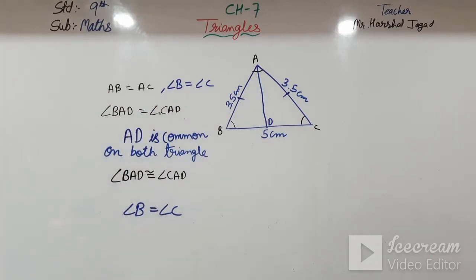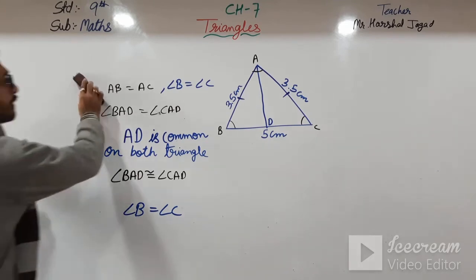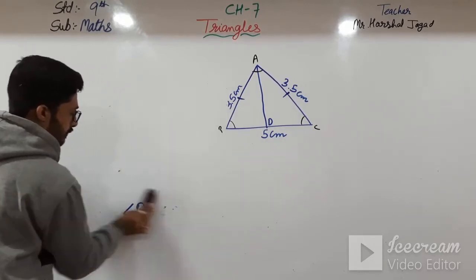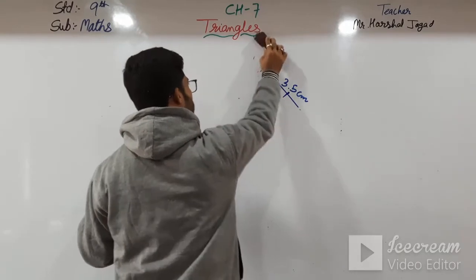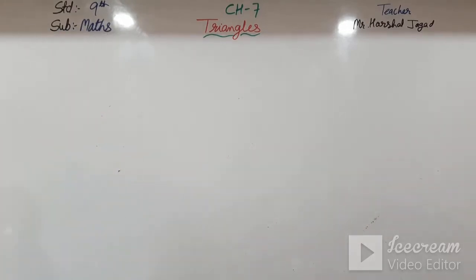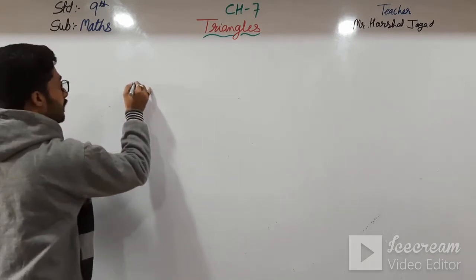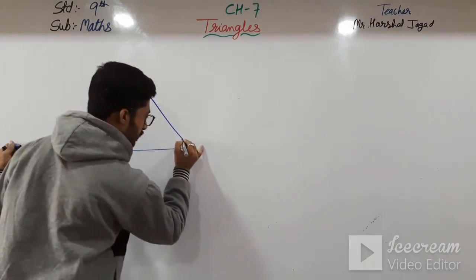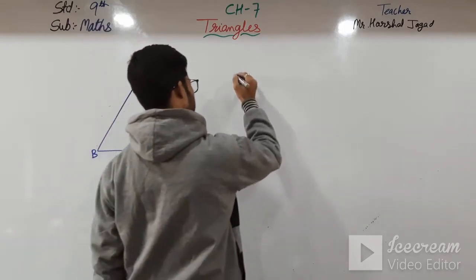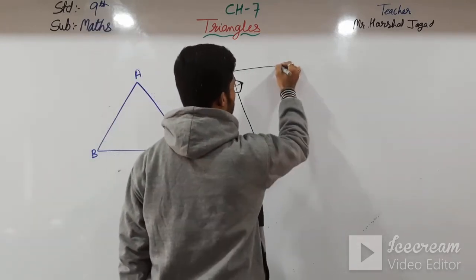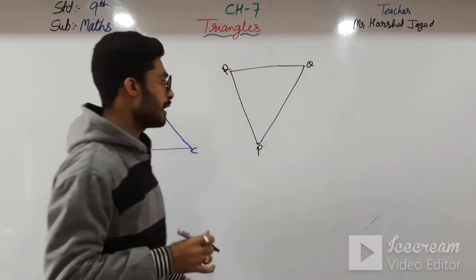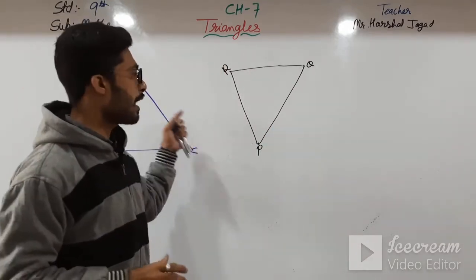Here they are telling us, if I draw two triangles, here is triangle ABC, and here is another triangle PQR. This is not from the textbook, I have drawn another case.